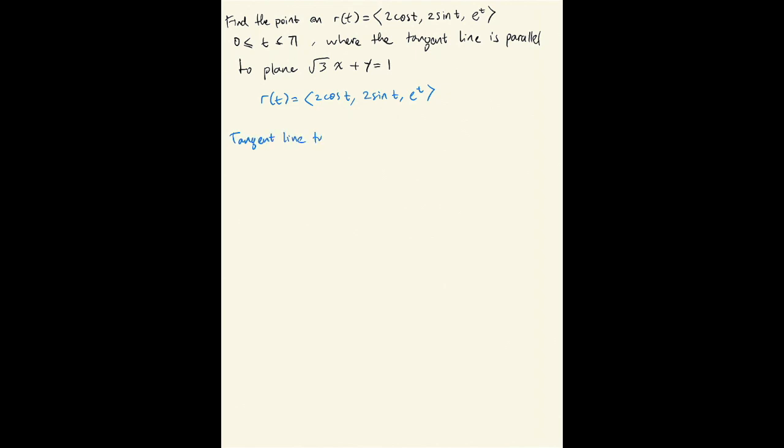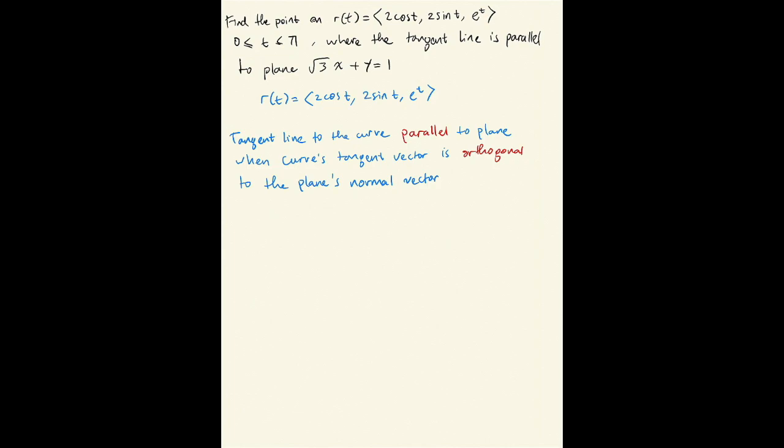The tangent line to the curve is parallel to the plane when the curve's tangent vector is orthogonal to the normal vector.